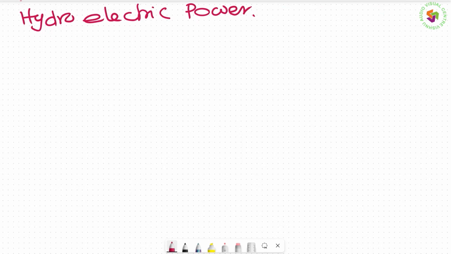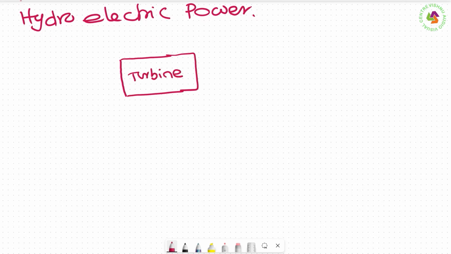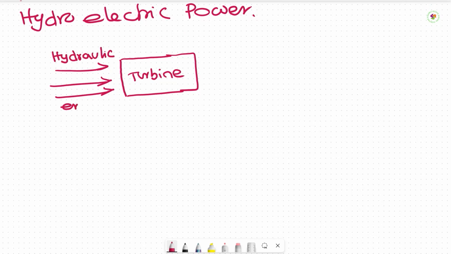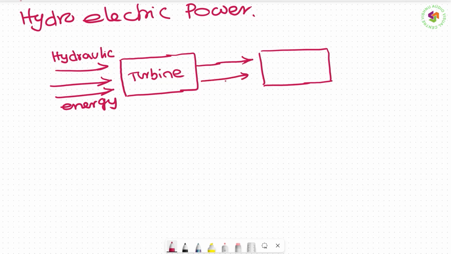Next, for example, if you take this as a turbine, what is the input for the turbine? The input for the turbine is hydraulic energy. Hydraulic energy means energy of water. The outcome from this is mechanical energy.